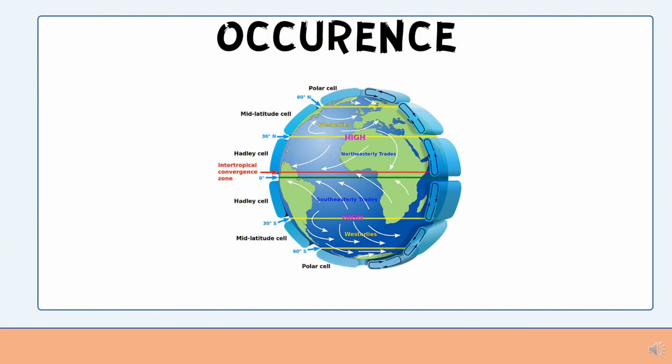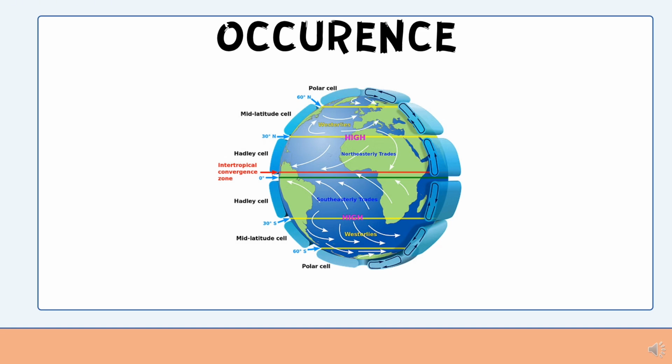However, and we'll go into more detail, they actually begin occurring from 5 degrees both north and south. They do not occur from 0 to 5 degrees north and south because that is close to the equator. If you remember from grade 11, you were taught about something called the Coriolis force.